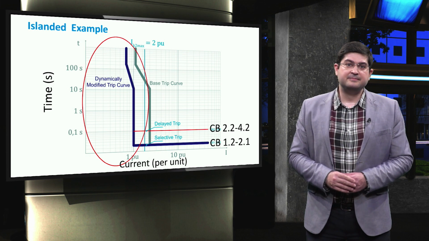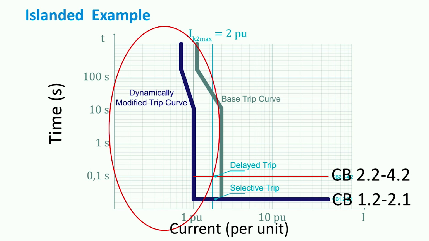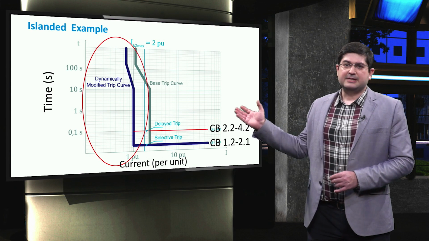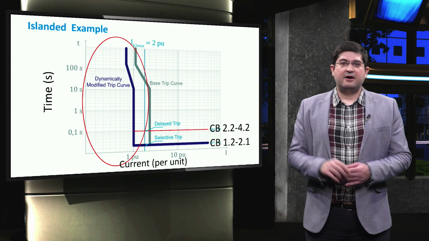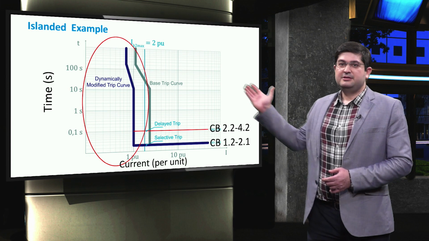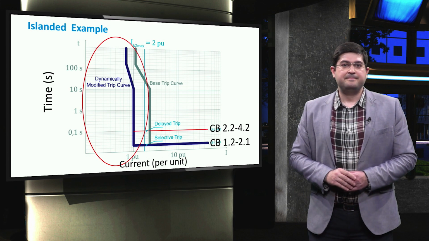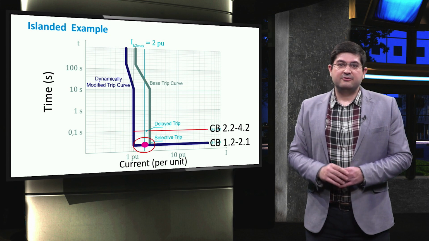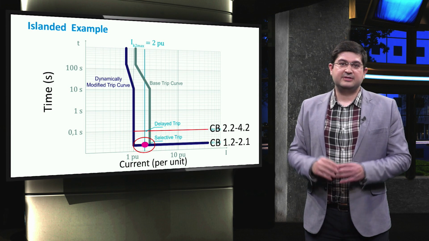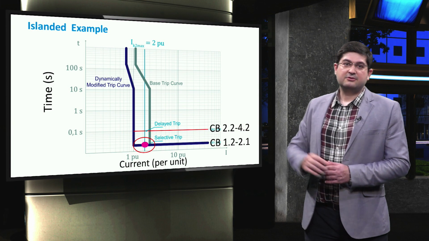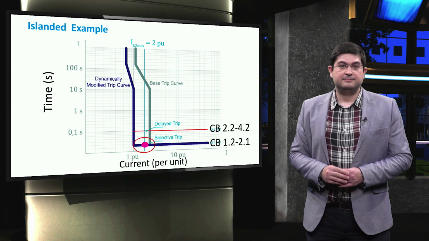To avoid the instability of the generator in this example, the current time tripping curves of the relays shall be adjusted. For this case, the base trip curve shall be shifted from the left, where we have to dynamically modify the tripping curve. For this example, we shift the current of the base curve from 3 to 1 per unit. In this slide, the intersect of the newly shifted trip curve with the fault current of 2 per unit is shown.